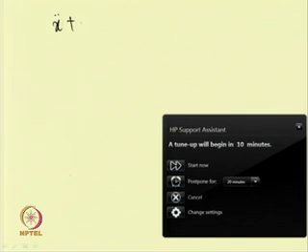Let us take the case of linear damping, for example. The equation in the case of linear damping will be x double dot plus omega n square x plus 2 zeta omega n x dot equal to 0.